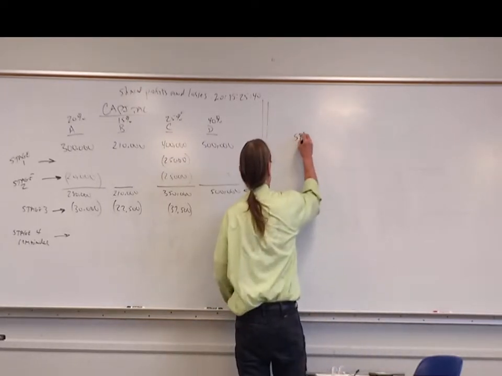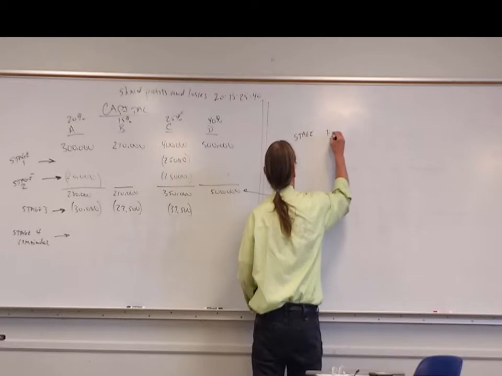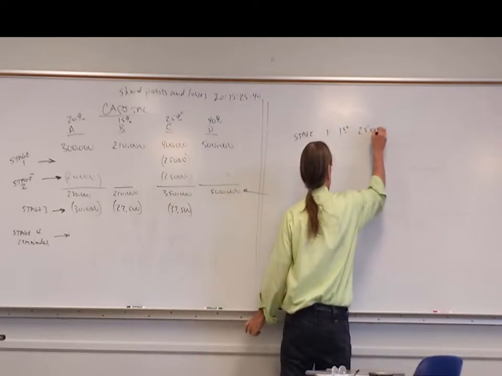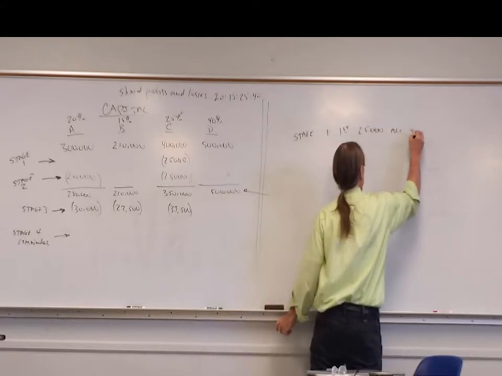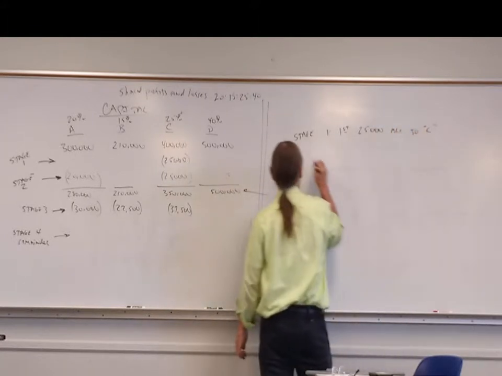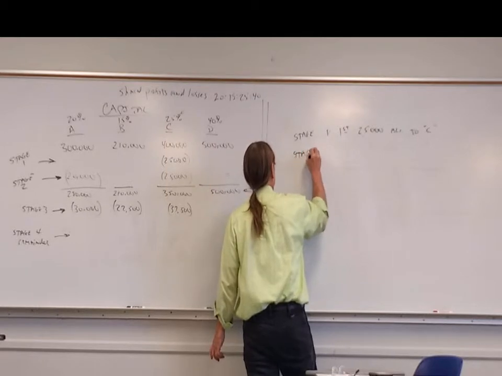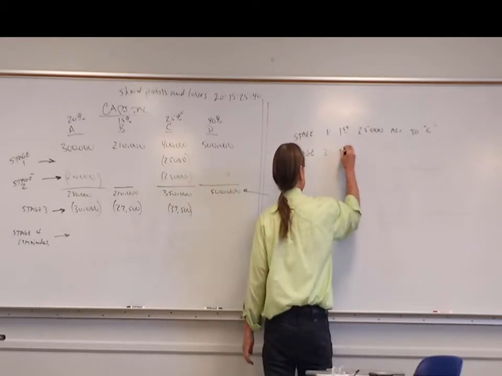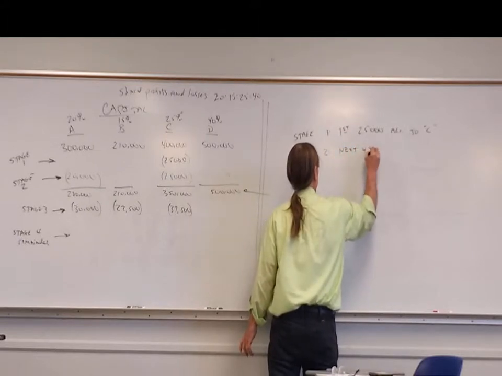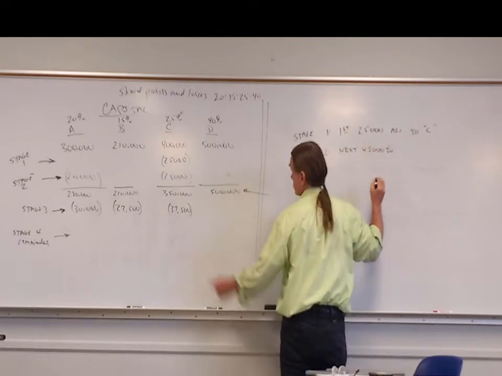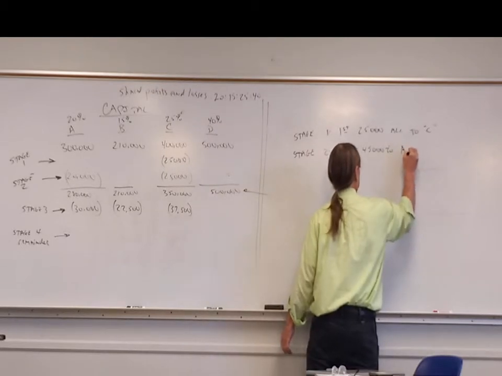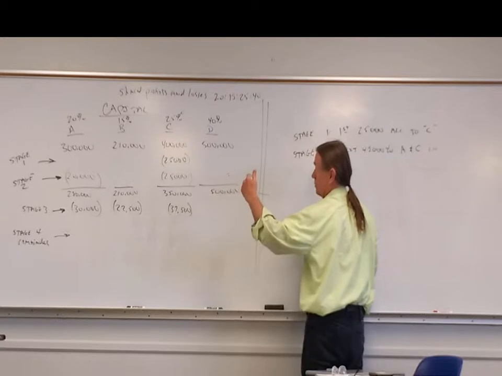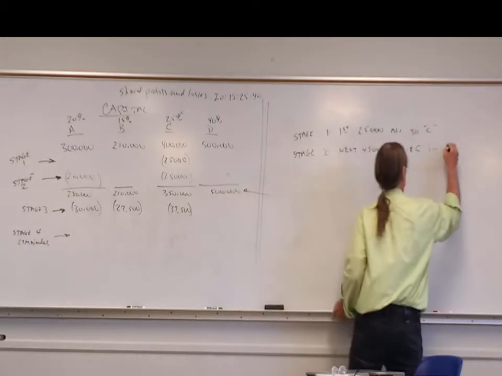So again, stage 1, first 25,000, all to C. Stage 2, the next 45,000 to A and C in a 20 to 25 or 4 to 5 ratio.